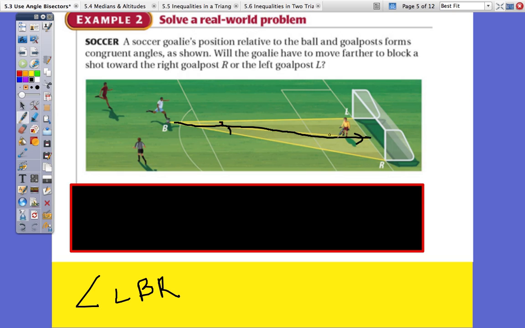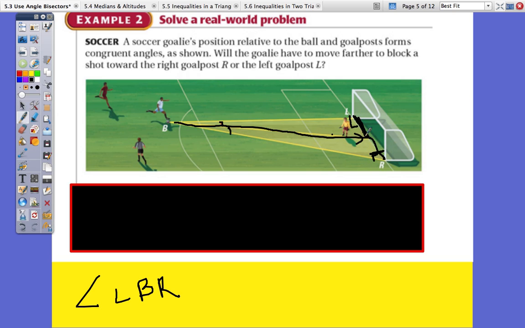So because this is an angle bisector, if we draw a line going straight from the angle bisector to the goalpost, it's a 90-degree angle. This also forms a 90-degree angle. So that means he'll have to move an equal distance to both sides.